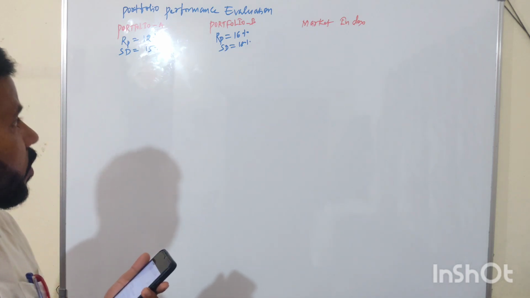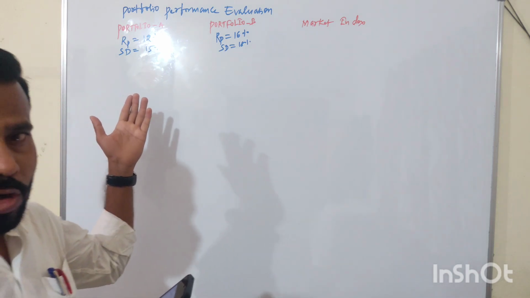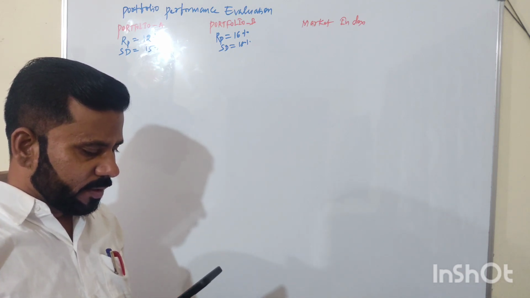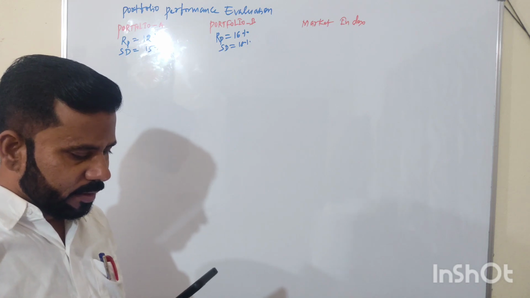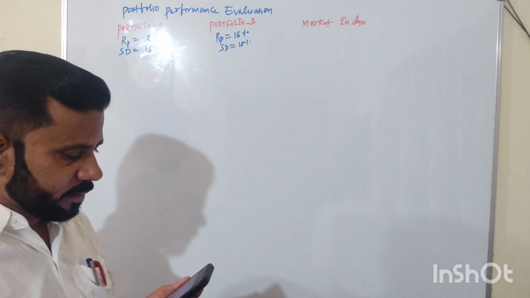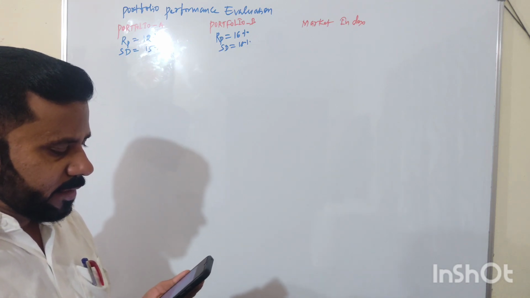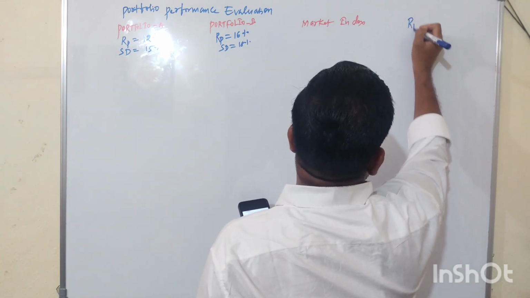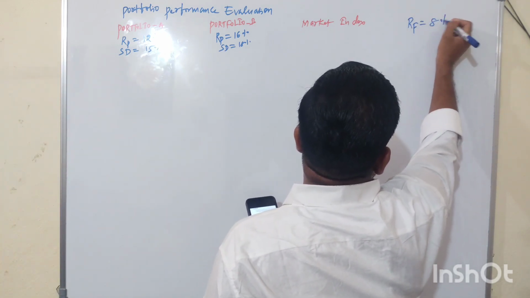And in order to find out a Sharpe index or Sharpe ratio, we need a risk-free rate also. Is it given or not? Yes. RF 8% is given.